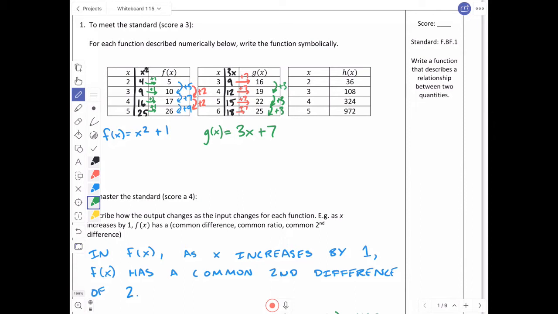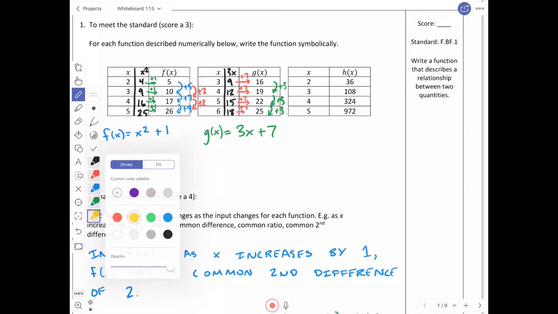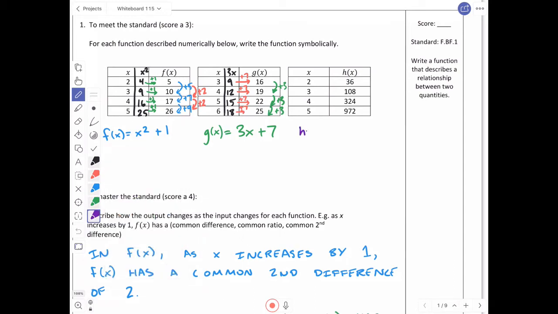And h of x. So I'm looking at 36, 108, 324, 972. I don't think that there are any common differences. They seem to go up by quite a bit. I'm saying that 36 to 108 I could times by 3, and times by 3 again, and times by 3.